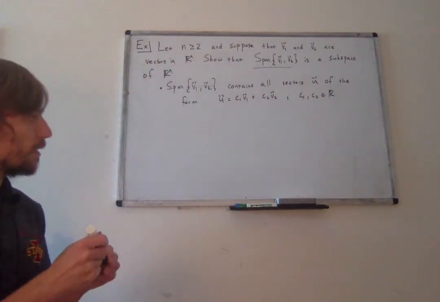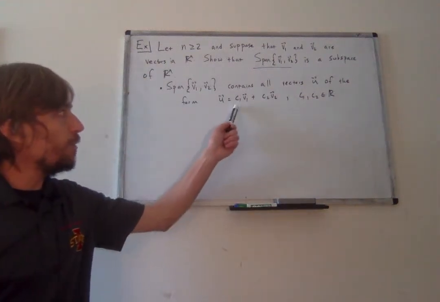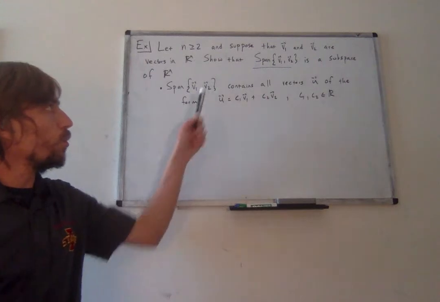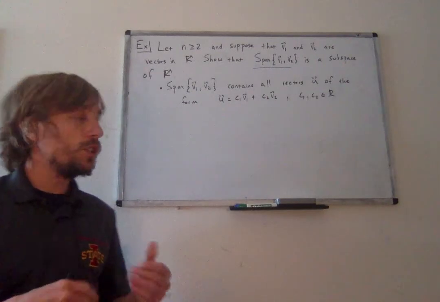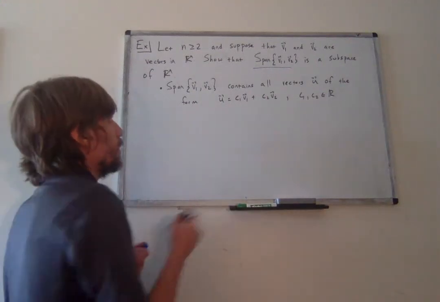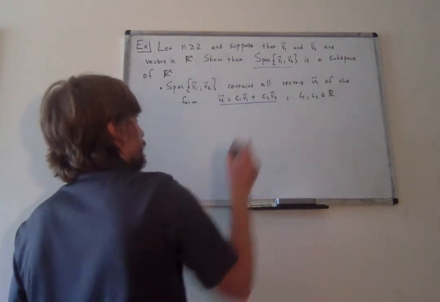So remember, this is a linear combination of v1 and v2. And so, you could alternatively define the span to just contain all linear combinations of v1 and v2.